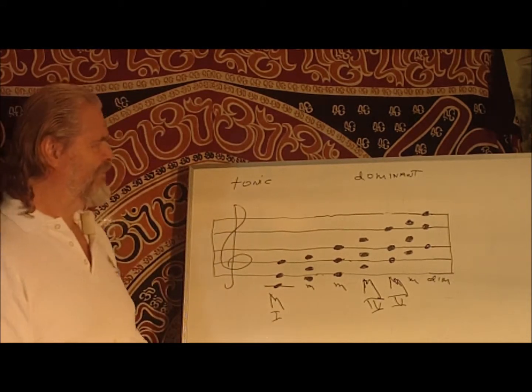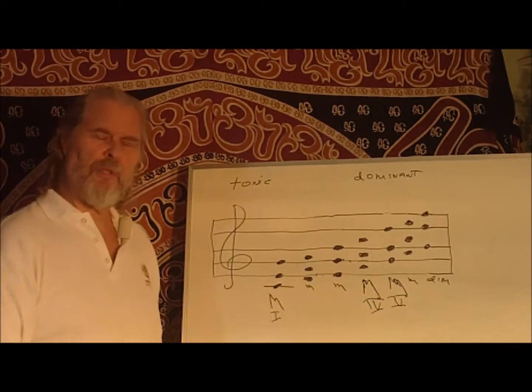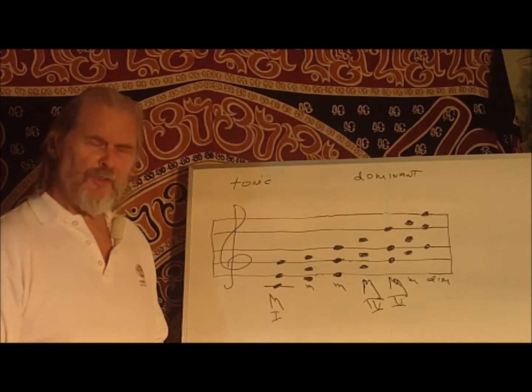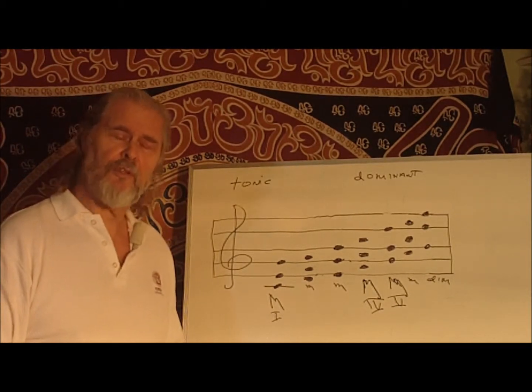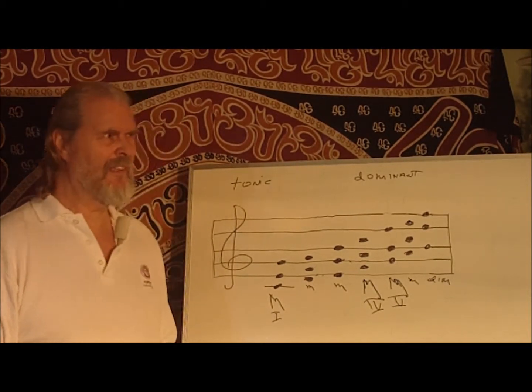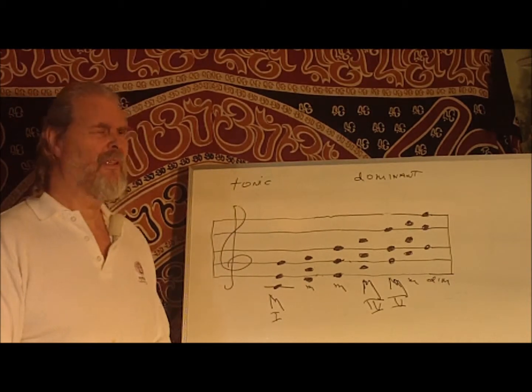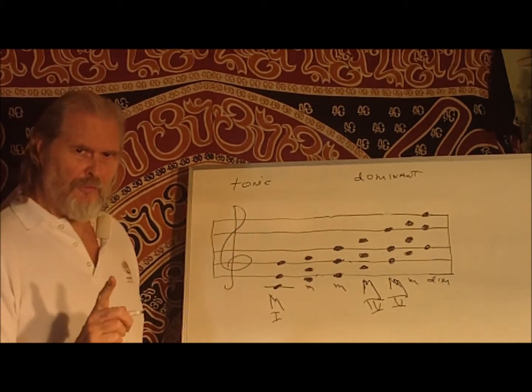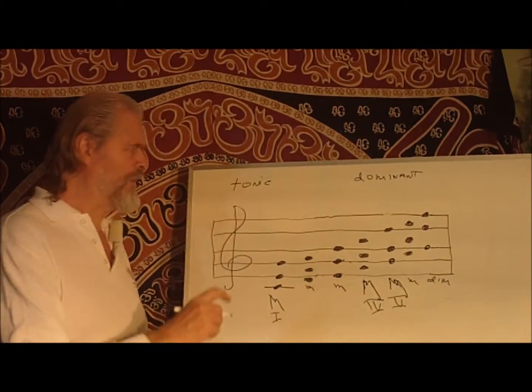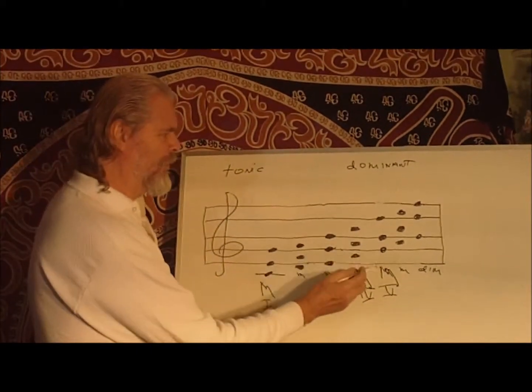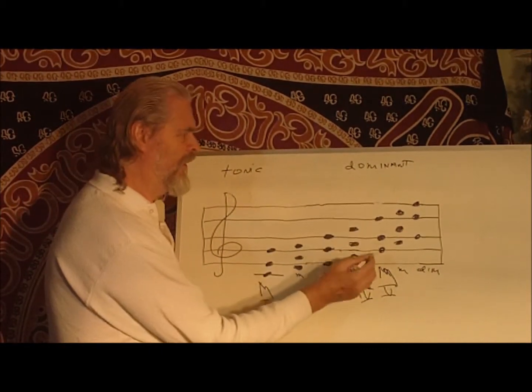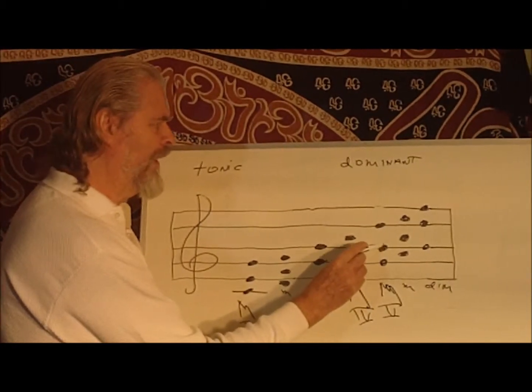Wow. All right, if that's the dominant, and I know you've all heard dominant seventh, what does that mean? Well, we've already gone through that the chord has numbers. I'm going to start one on the G now. 1, 3, 5.